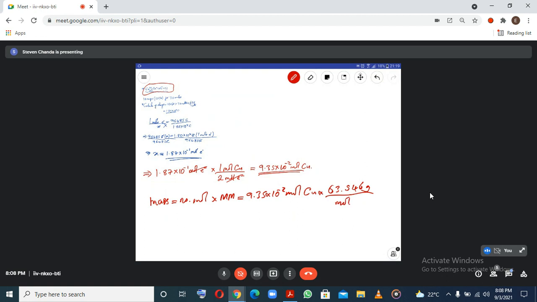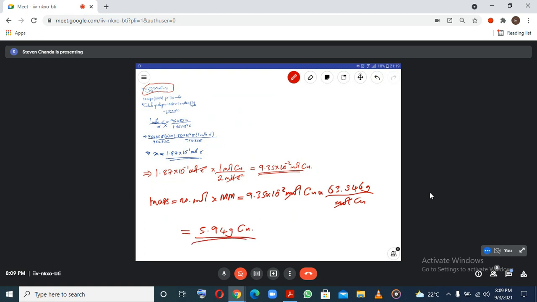Since it's grams per mole, the moles cancel, and what you are going to remain with is 5.94 grams of copper.